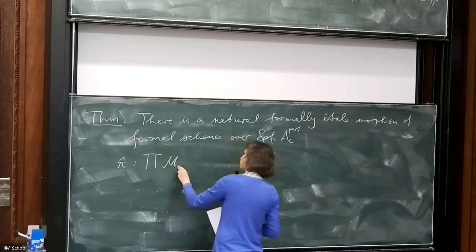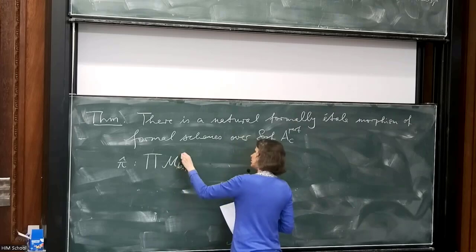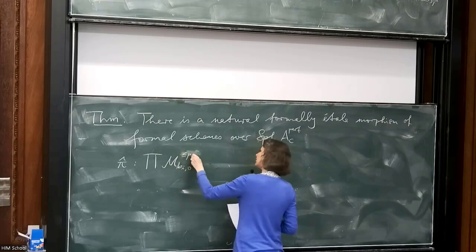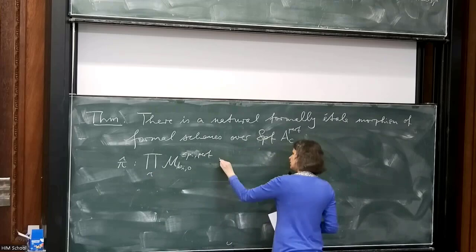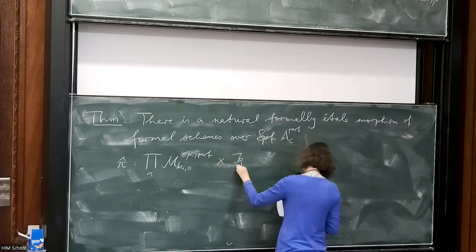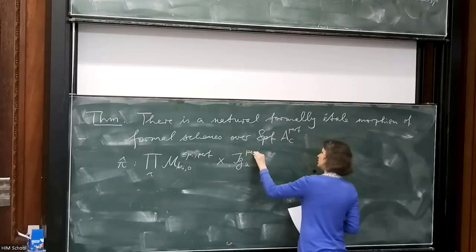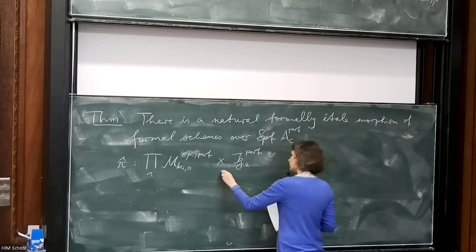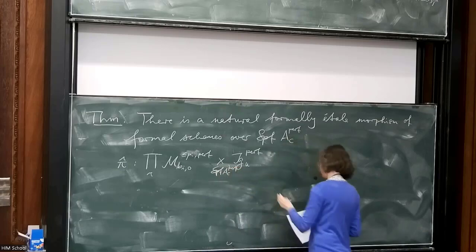Okay, so we take the product of all these Rapoport-Zink moduli spaces, their perfection, for all mu_i, and the product over all i. And then we take the product with the corresponding Igusa varieties and their perfection over Spf A_C perfection.